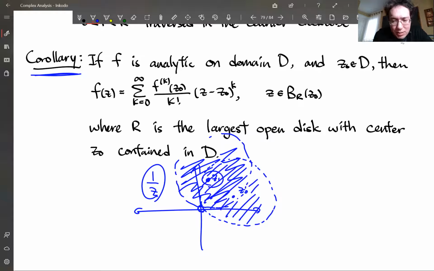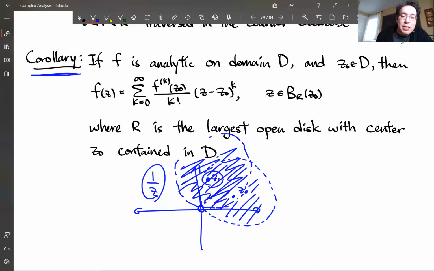Sorry, the picture is getting busy and terrible. But now you have a new power series that gives you the value of 1 over z outside of the original circle because it converges on a new circle that's the largest, centered at a new point, z1. And it does it in such a way that in the overlap of the previous power series, they agree. It's the same function there.